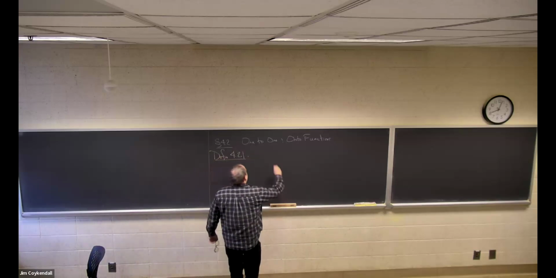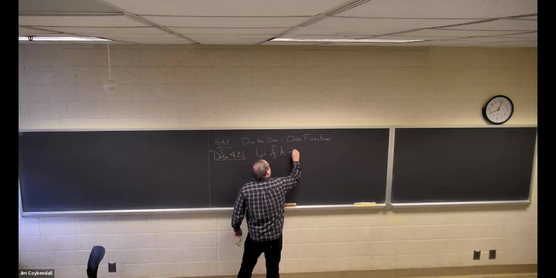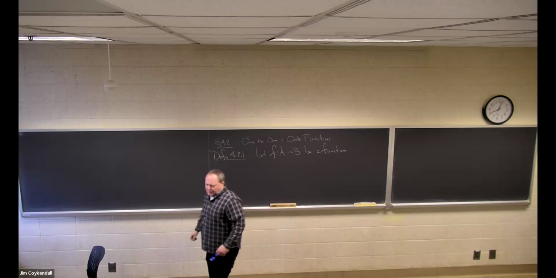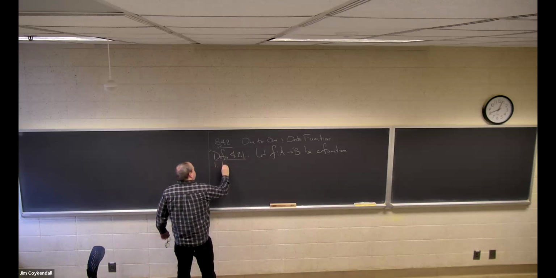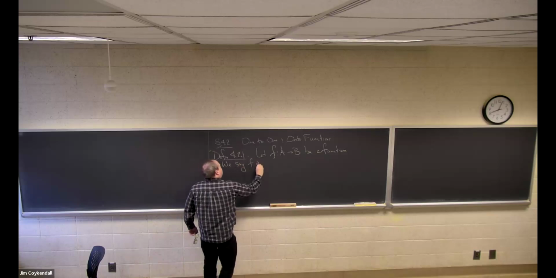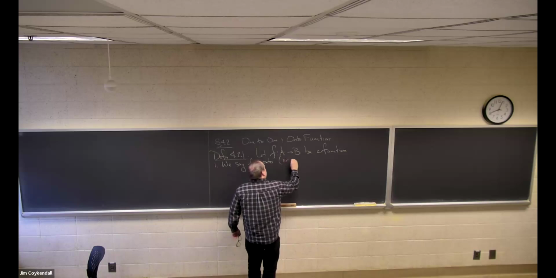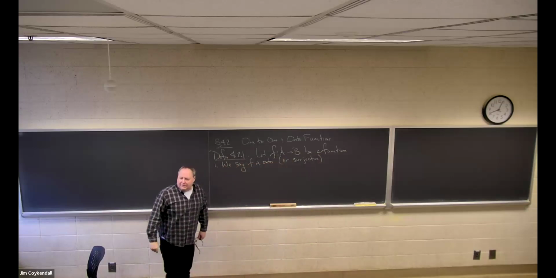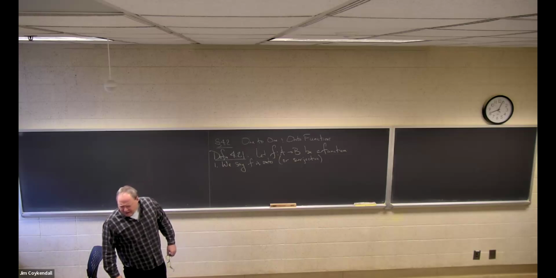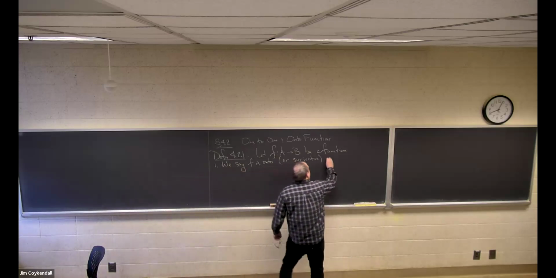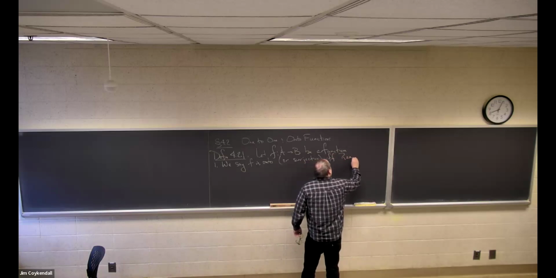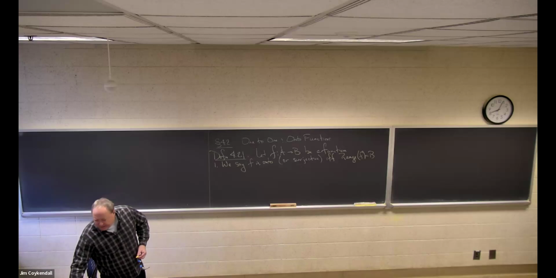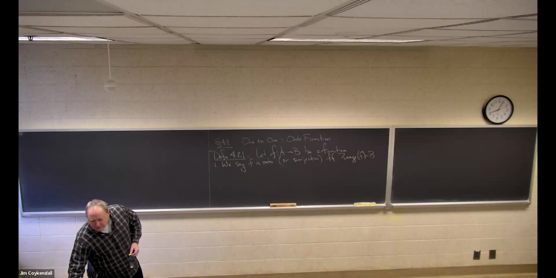Suppose that f is a function from A to B. Number one, we say f is onto, or surjective, if we want to show off our knowledge of Latin, if and only if the range of f equals B. That is to say that, remember, B is just the codomain.